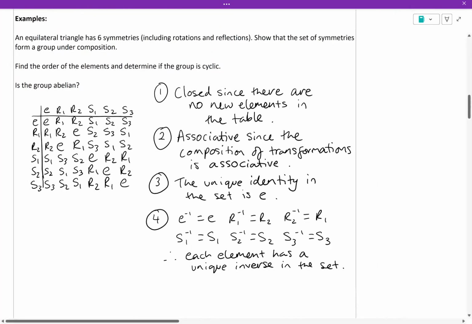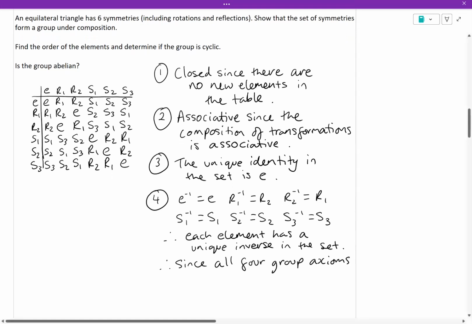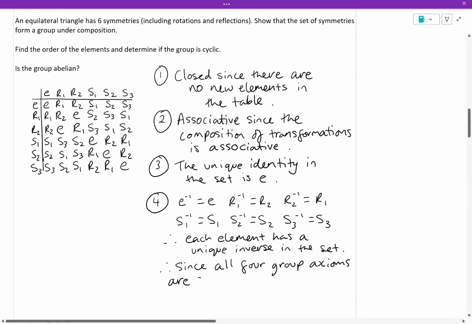And then I can say, therefore, since all four group axioms are satisfied, it's a group. Okay, so that's the proof complete there.